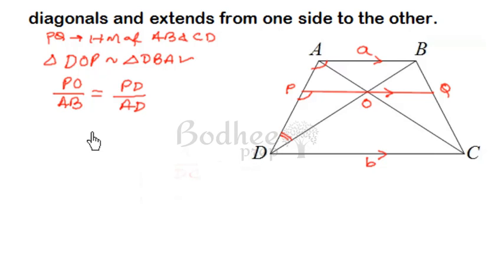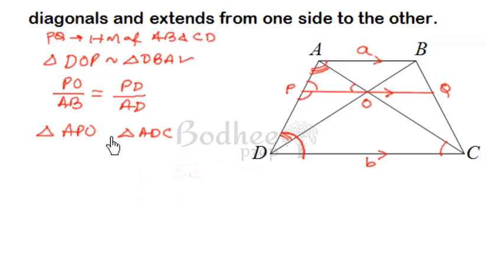Now let me take triangle APO and triangle ADC. Here again these two triangles are similar because PO is parallel to DC, and angle A is common. So this angle will be equal to this, and this angle will be equal to this angle, because AD and AC respectively are the transversals.